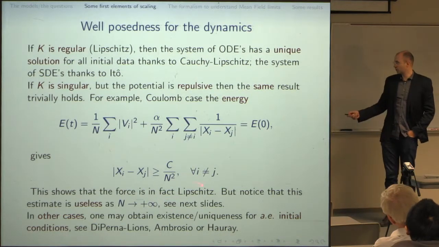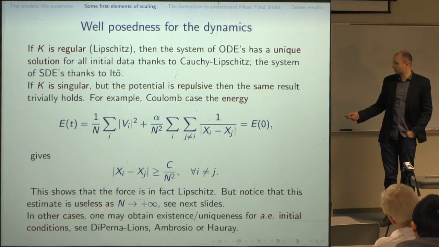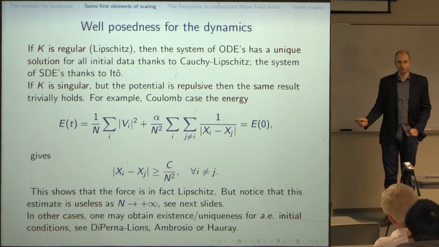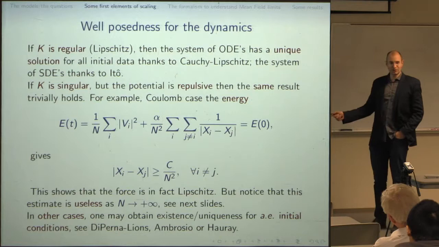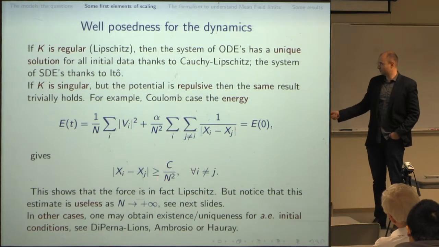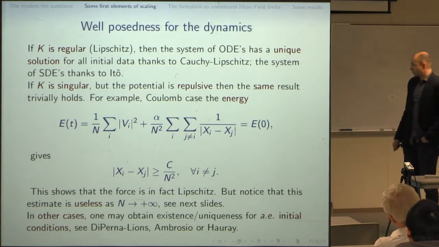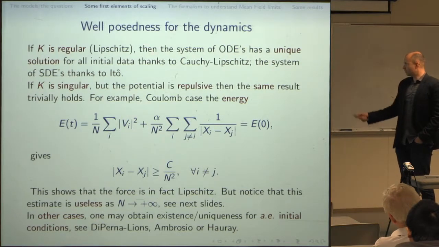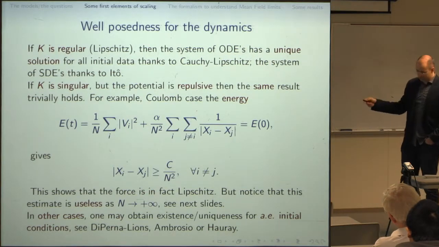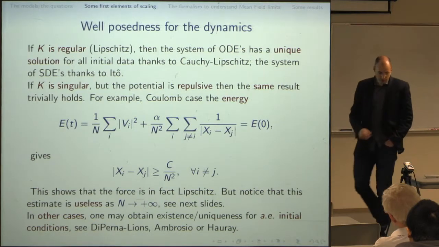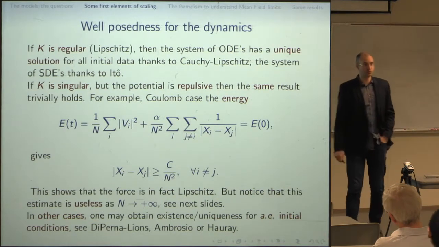Now I will show you what happens with this estimate when n tends to plus infinity, and this will be fun. Already you notice that the thing here goes to 0. If you're not in a case like that, then I'm not going to say anything about it. You have several theories trying to do this.